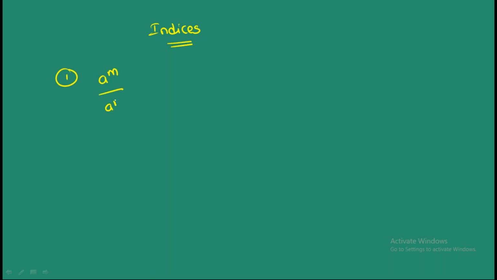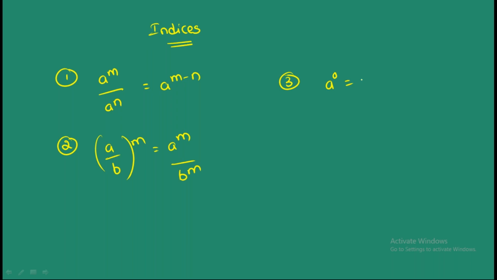a power m divided by a power n, we know, is a power m minus n, and (a by b) whole power m we can write as a power m by b power m. You know all these basic formulas. Let me recall those points, then we'll move further. And you know a power 0 is nothing but 1, where a is not equal to 0.